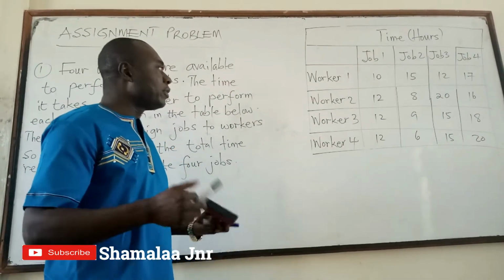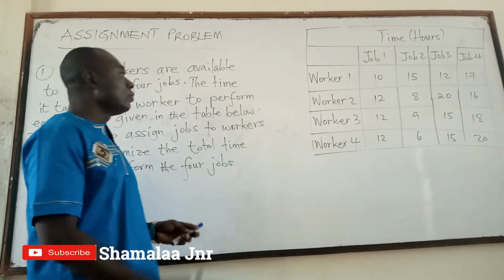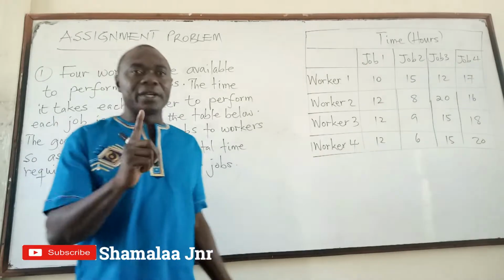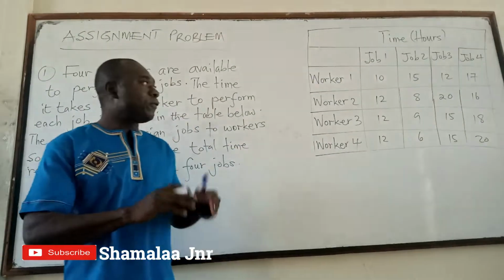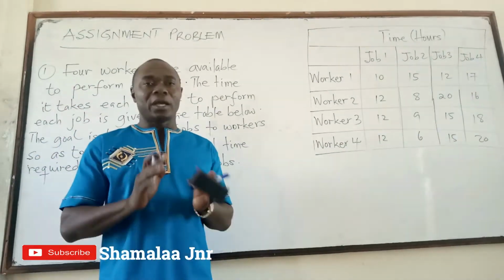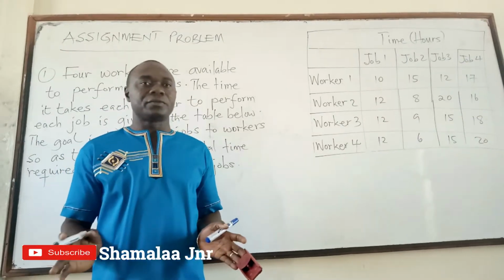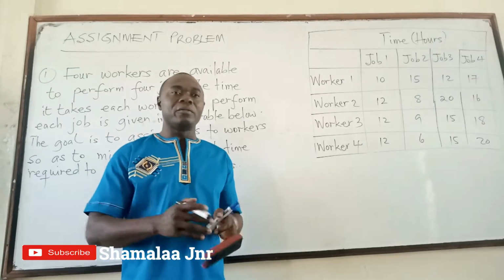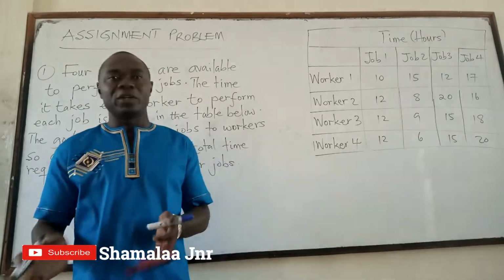The main objective here is to do the assignments in such a way that the total time taken to perform the jobs is minimum, or the cost involved in performing the job is minimum.